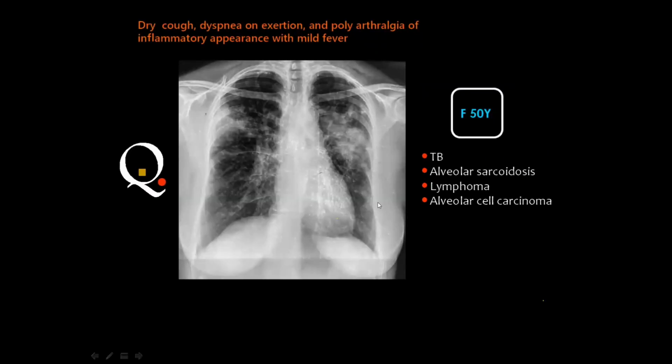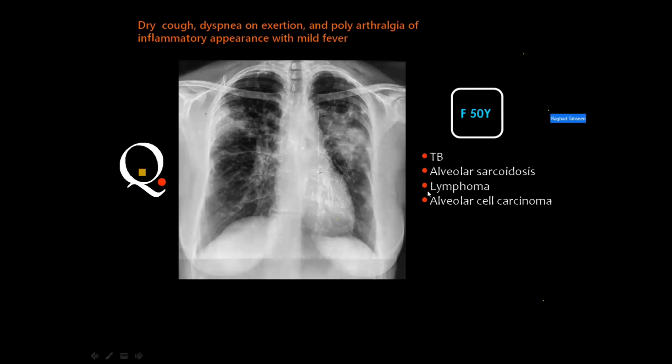Next case is a chest X-ray of a female, 50 years old, with dry cough, dyspnea on exertion, and some inflammatory changes with mild fever. And I provide some of the differential diagnosis: TB, alveolar sarcoid, lymphoma, and alveolar cell carcinoma. TB, yes.